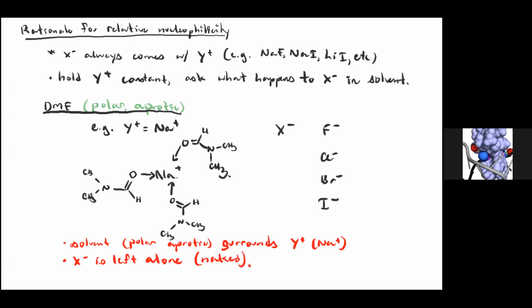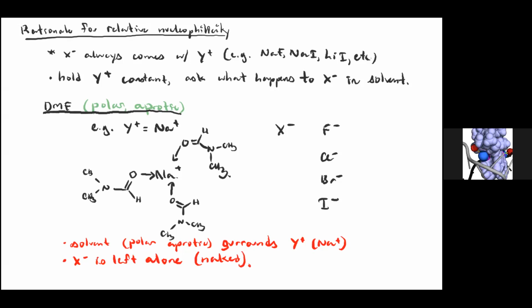You can't draw a similar type of interaction between DMF and any of the X minus atoms. There's no way to do it. And so the cation gets strongly solvated. The anion is left alone, hanging out there in solvent without a whole lot of stabilizing interactions.